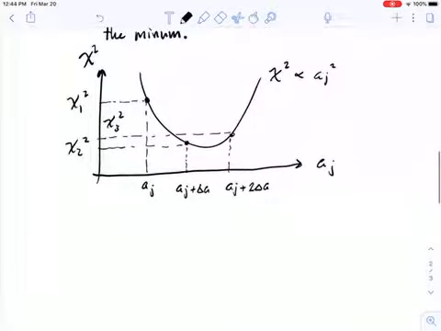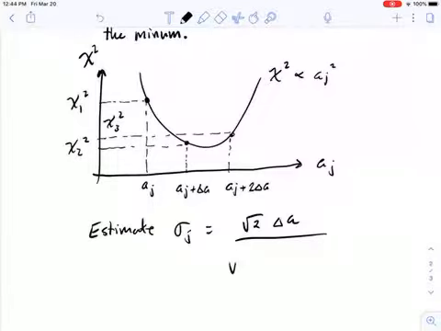All right, so what we found is that we could, in this case, estimate the uncertainty in the aj parameter using root 2 times the step size divided by the square root of chi1 squared minus 2 chi2 squared plus chi3 squared.